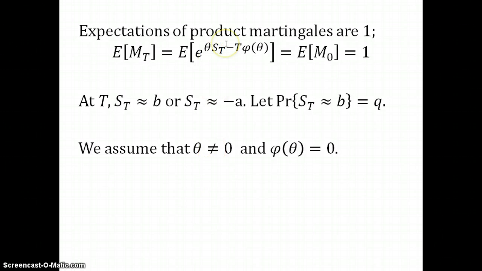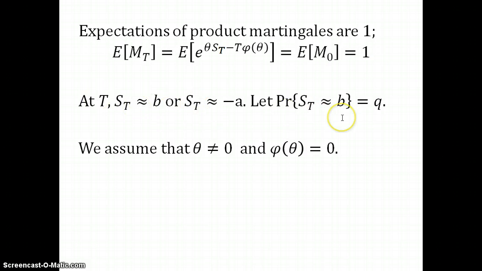The expectation of the product martingale is 1. Now, for our condition, we assume that theta is non-zero, and we also assume that psi of theta is equal to 0. This will ensure that our increments also have expected value of 1.